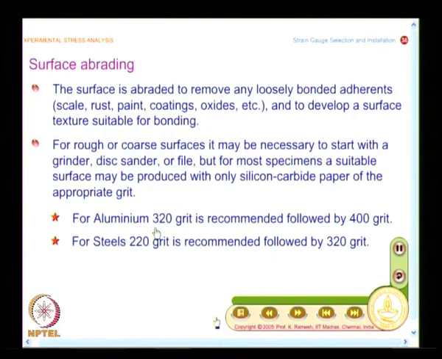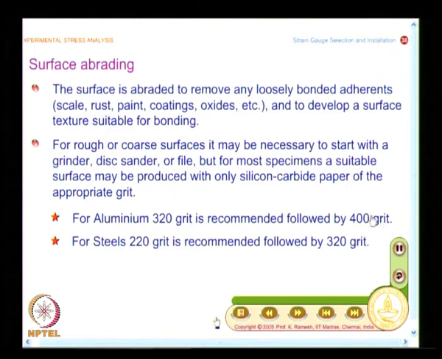See, we have already looked at, I need to maintain a certain level of surface roughness for affecting the strain gauge bonding, and there are specific recommendations. If you go for an aluminum, you have to go for a 320 grit for initial abrasion, then followed by a 400 grit.